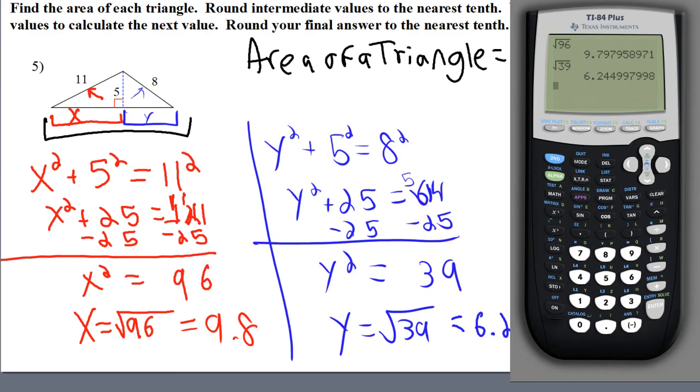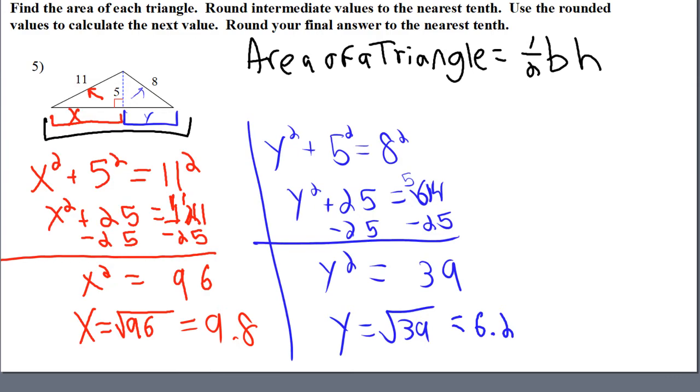Okay, well, what can we do with that information? Well, we know that our entire base is going to be the value of x plus the value of y. Well, what is that equal to? Let's find out.